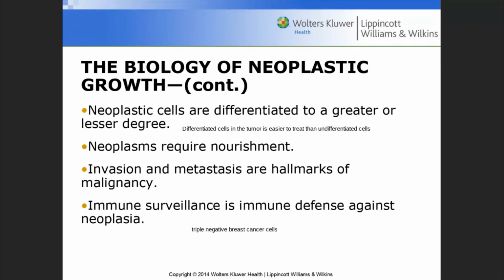And triple means that they don't express estrogen receptor, progesterone receptor, or human epidermal growth factor receptor, HER. All right, so triple negative means that they do not express three things: estrogen receptor, progesterone receptor, or HER. Okay? HER stands for human epidermal growth factor.